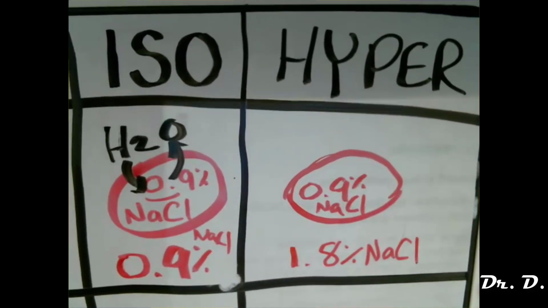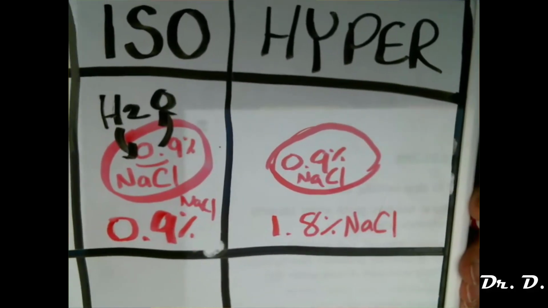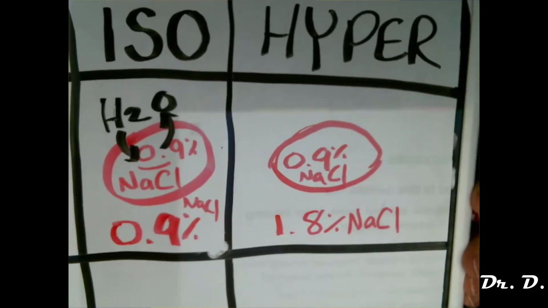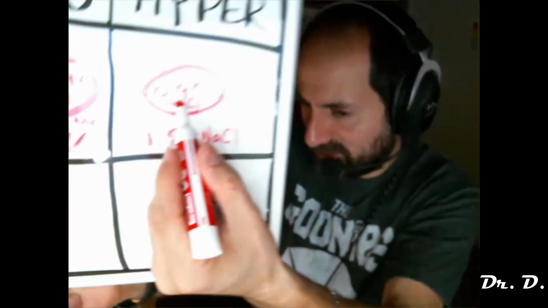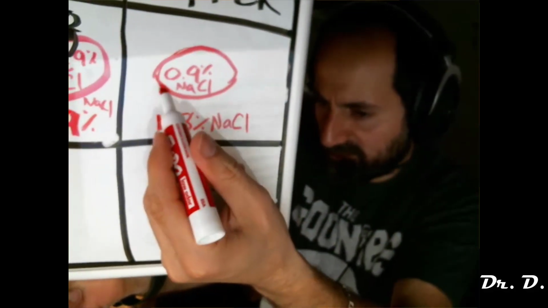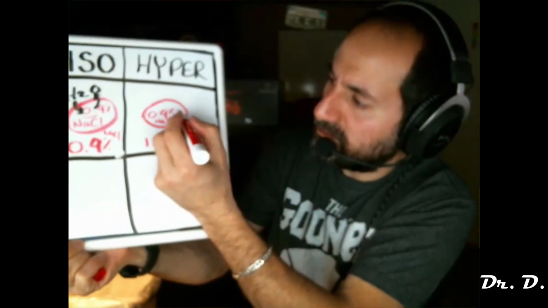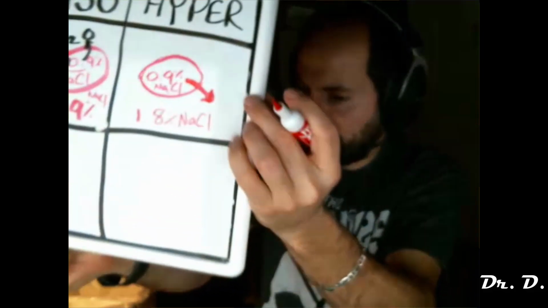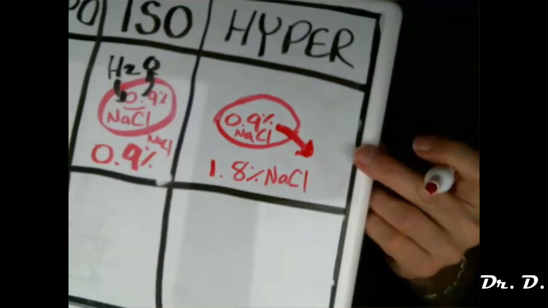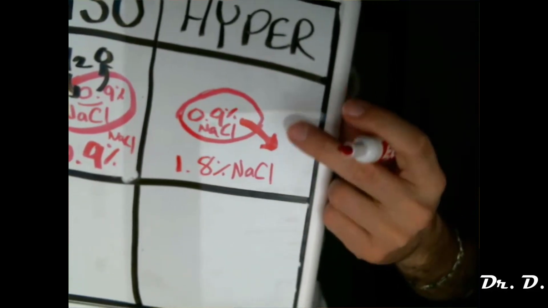So knowing that, where's the water concentration higher? That's right, the water concentration is higher inside of the cell. So water will move outside of the cell. Does that make sense? In this case, there's a net flow of water outside of the cell.